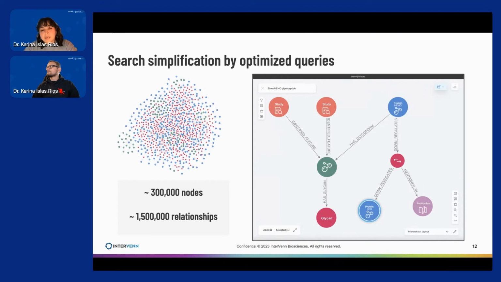This is a saved query inside Bloom, and practically what it's showing is, for HEMO, the protein in blue, what glycopeptide was identified as part of some of the studies that we have in-house, which glycan was identified in there, and which are the downregulators, or the first downregulator for this protein in particular.